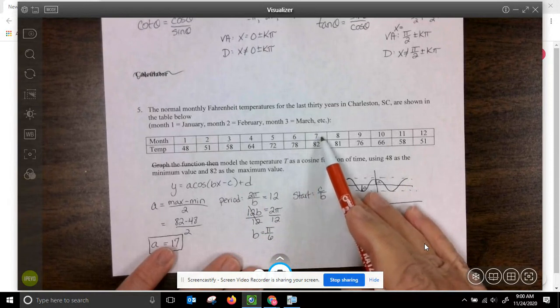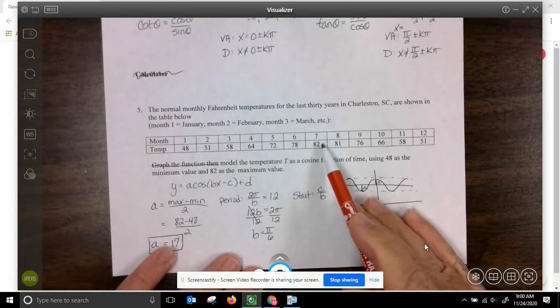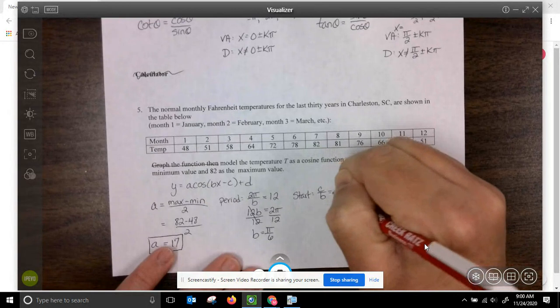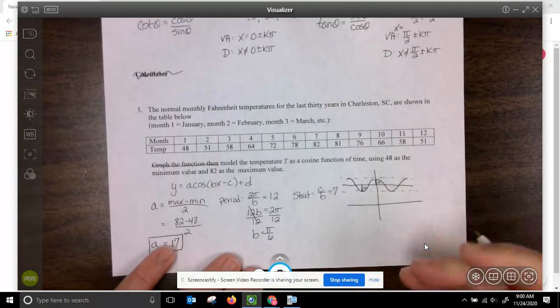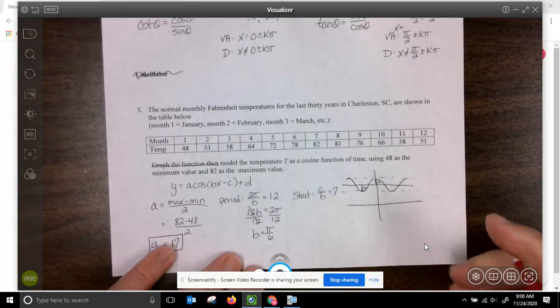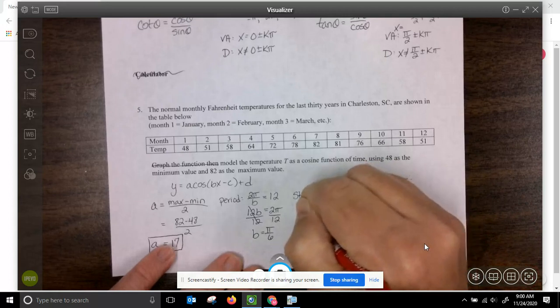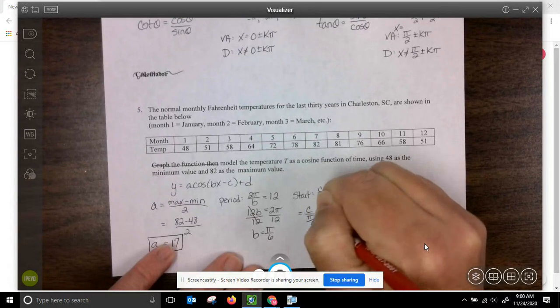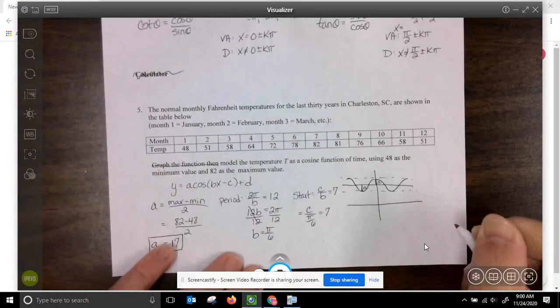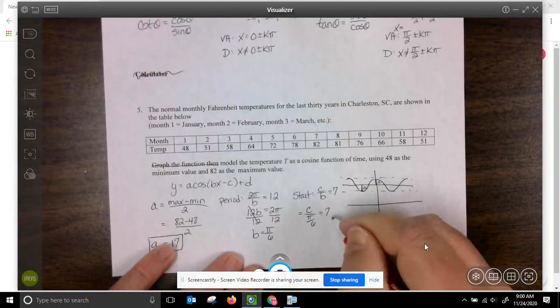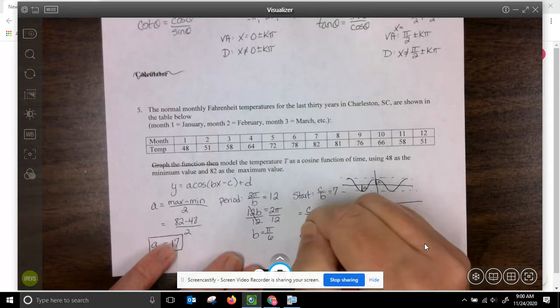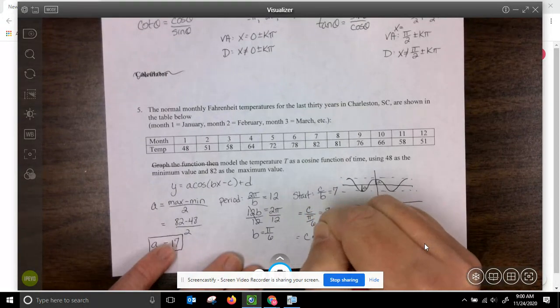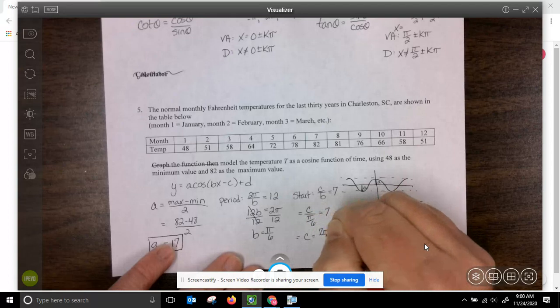Well, it occurs here in the 7th month, which is July. So my start is actually going to equal 7 because cosine starts at the high point. So here, I have c over b, which I know b is just pi over 6, is equal to 7. To solve for c, I can simply multiply both sides by pi over 6, and we get c is equal to 7 pi over 6.